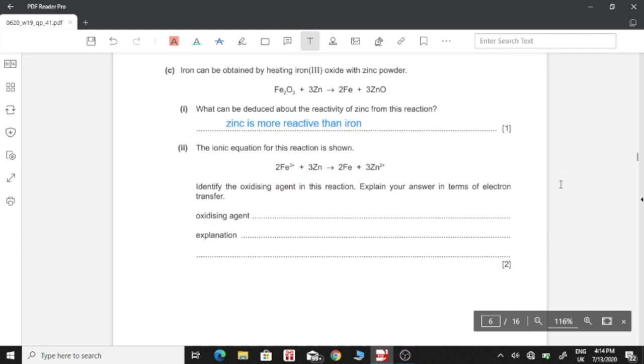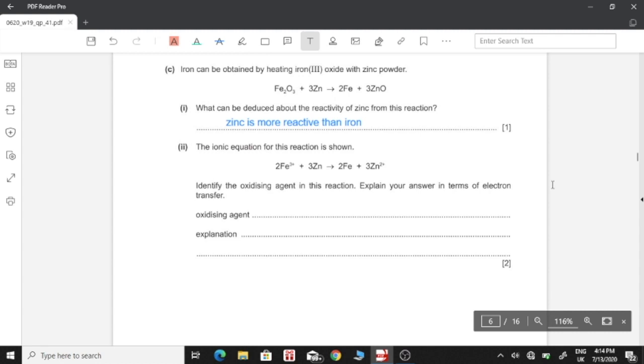Part 2. The ionic equation for the reaction is shown. Identify the oxidizing agent in this reaction. Explain your answers in terms of electron transfer. Okay, so the oxidizing agent is always the substance or the ion or element which is reduced, that is, it gains electrons. So in this case we have iron which gains electrons. We can figure this out when we look at the ion state. Over here its ionic state is 3 plus.